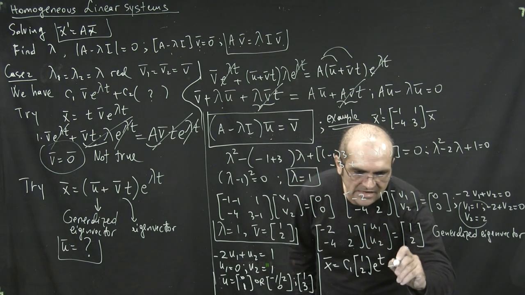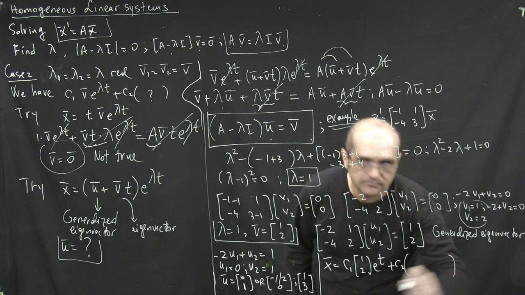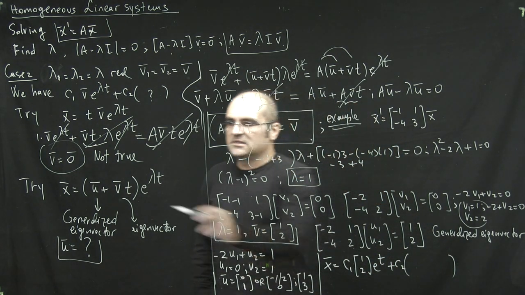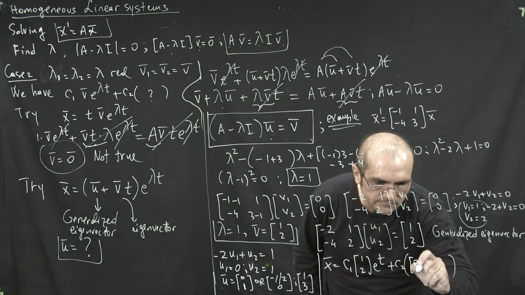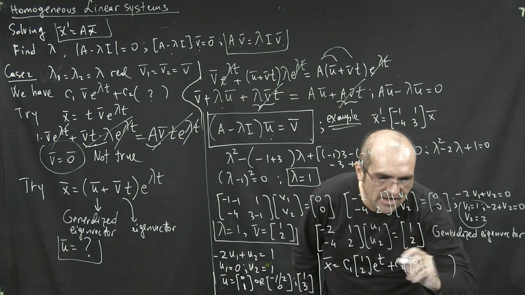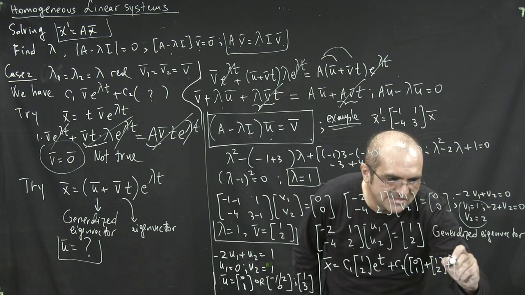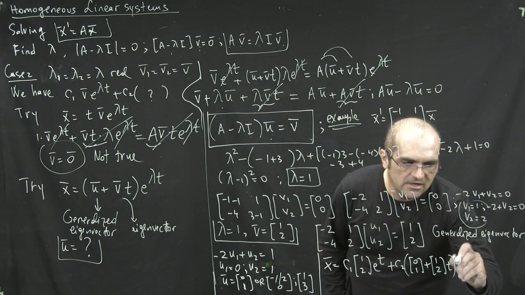And now the second combination, given by u bar plus v bar t. So u bar was 0, 1, and then the eigenvector 1, 2 times t, and then again e to the t.